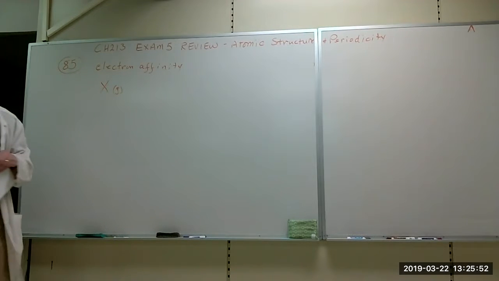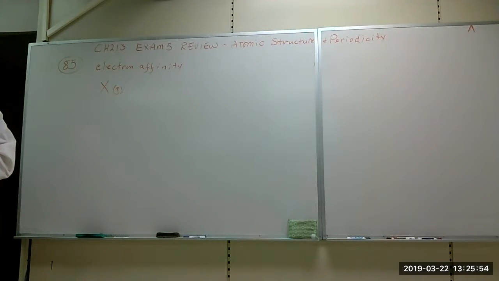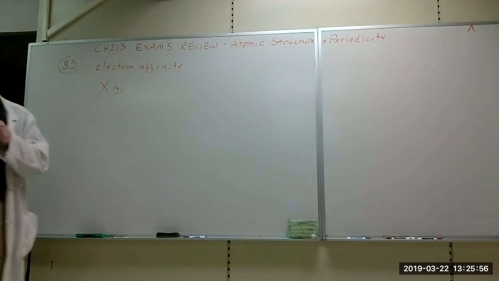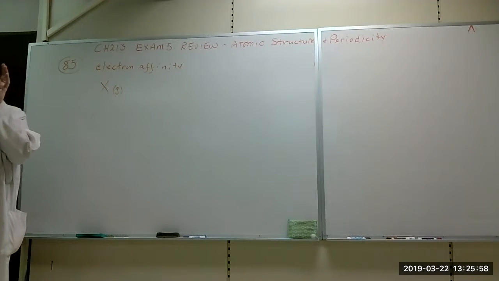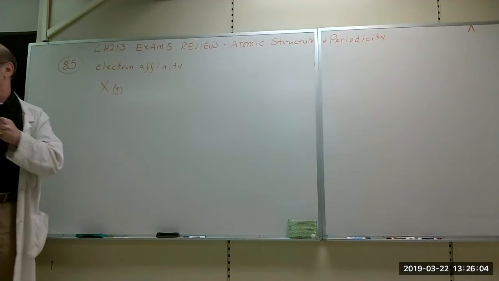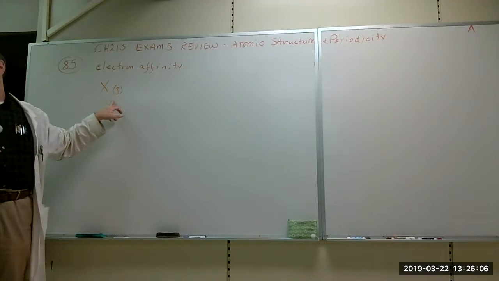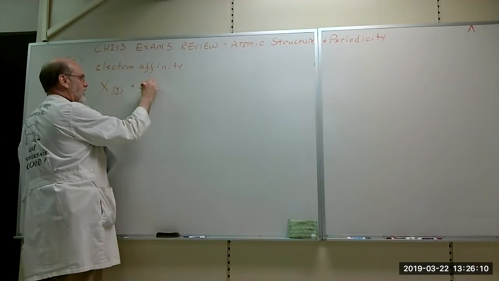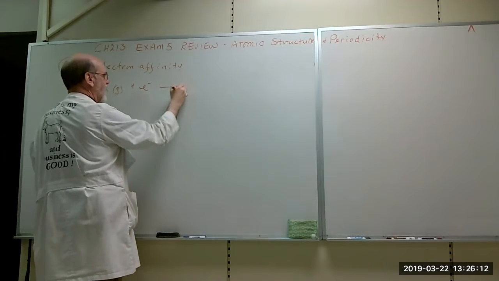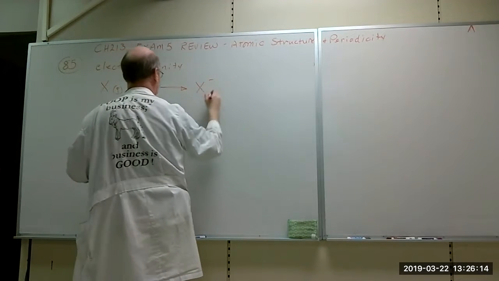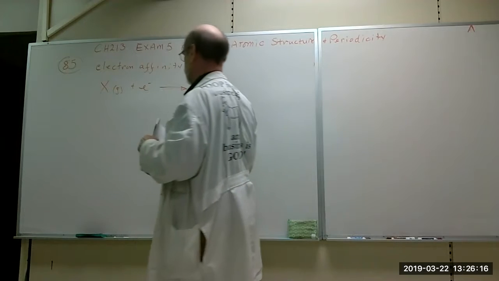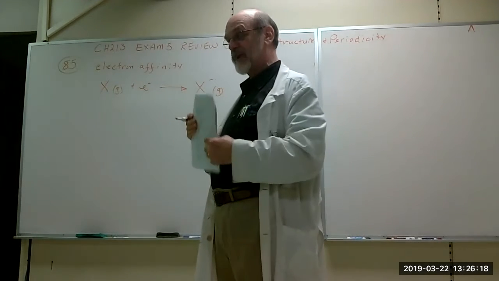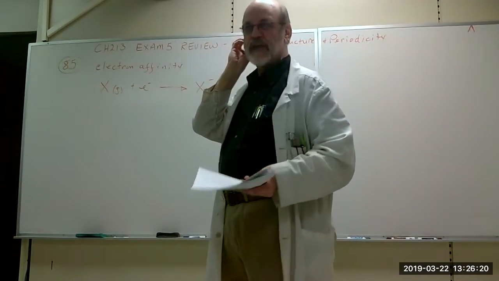Why would it have to be a gas? Because we want separate elements. We don't want any interactions between the element and any of its neighbors, because that will bias the results. So that gas, and then we have an electron, and that gives us a minus charge gas. That's just definition.